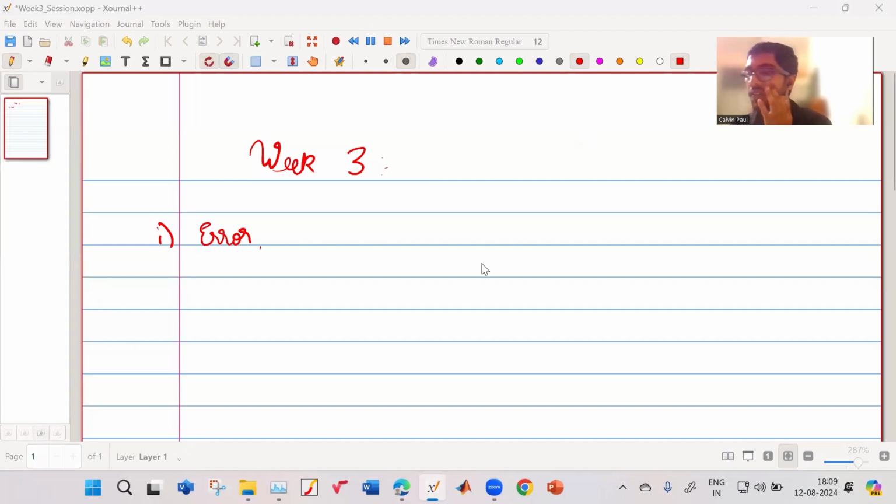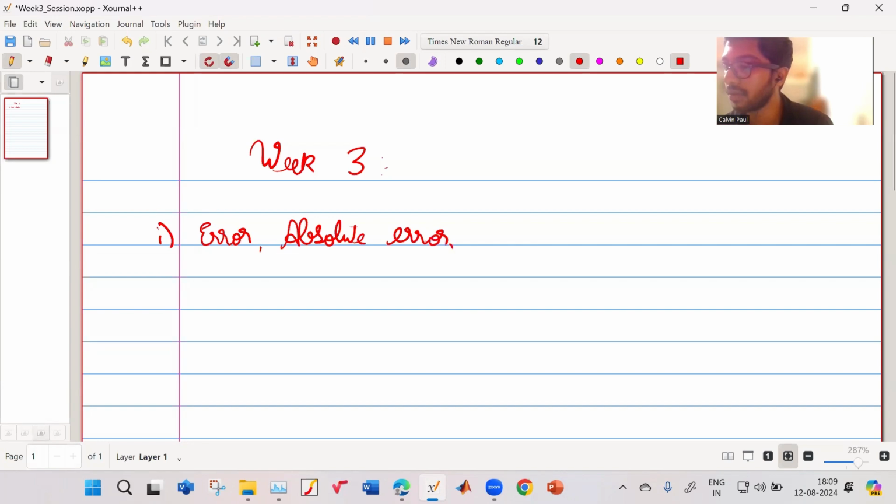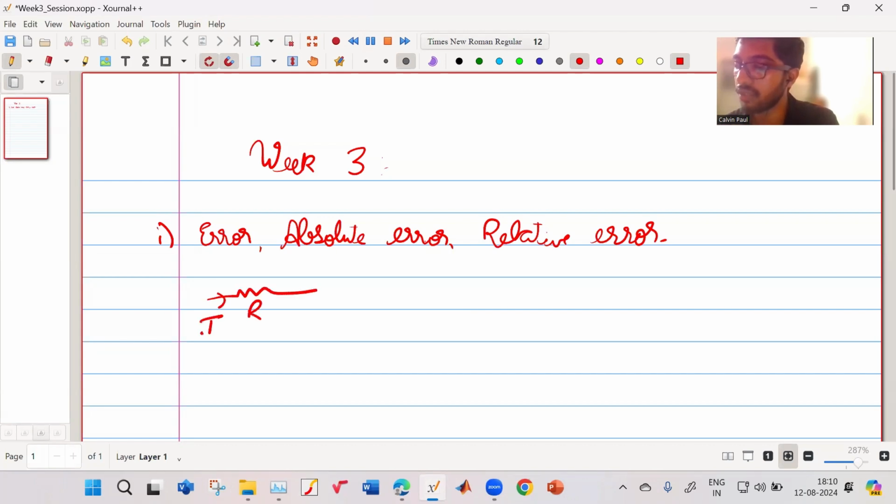So one is error. There is also the absolute error that was covered by sir, what is the relative error, etc. All these terms sir had used. So say there is a certain resistor, there is a certain current flowing.